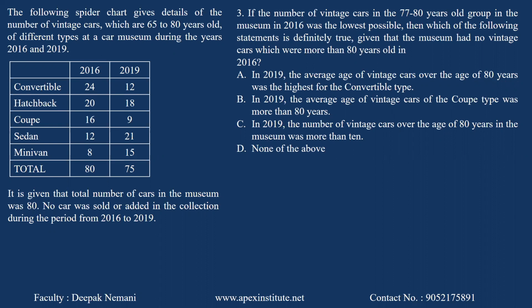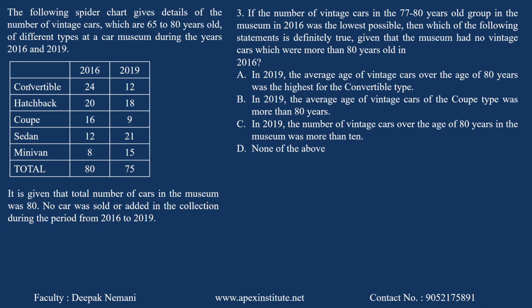In 2019, the average age of vintage cars over the age of 80 years was the highest for convertible type. So we cannot comment on that. It can be, or it can be highest for hatchback as well as coupe, isn't it?